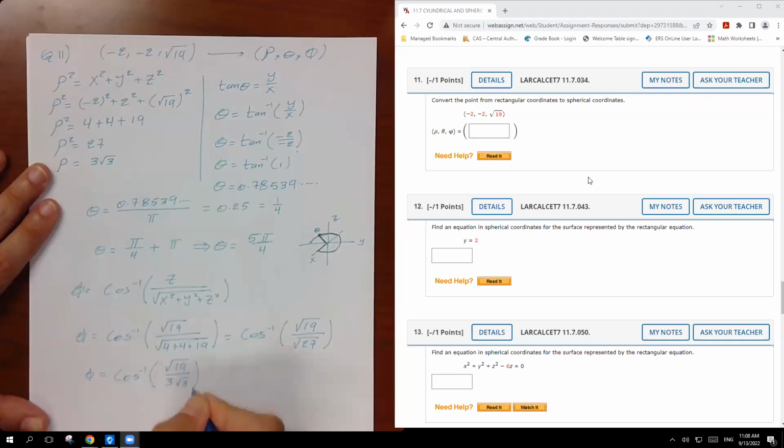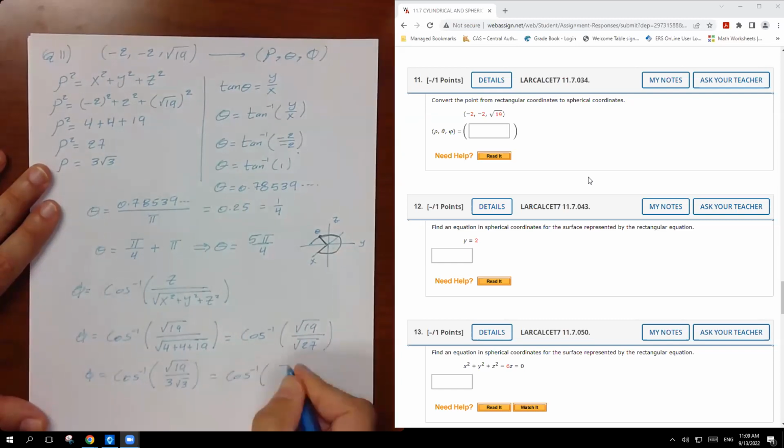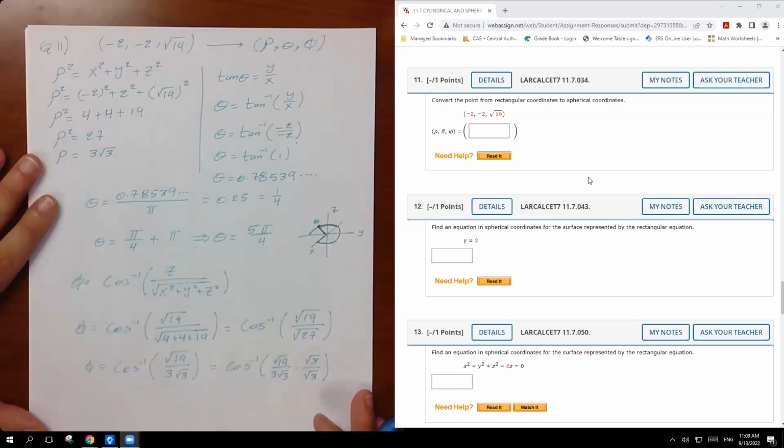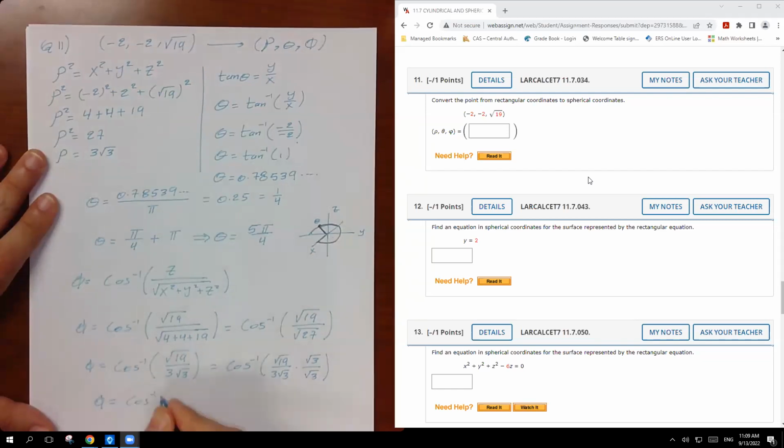I'm going to simplify this one more by rationalizing the denominator. I need to make the denominator a whole number, maybe a more simple form.